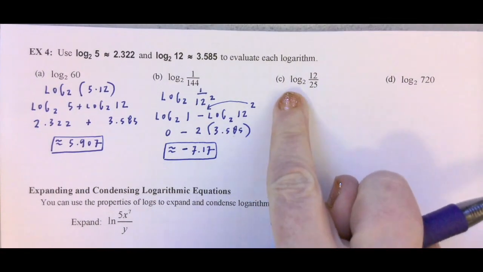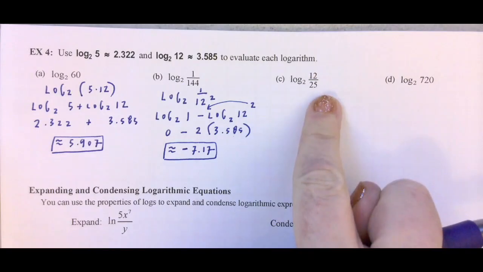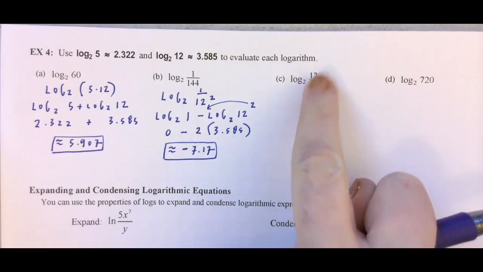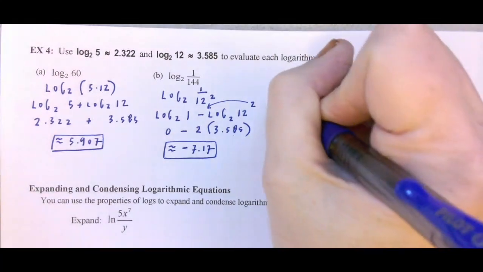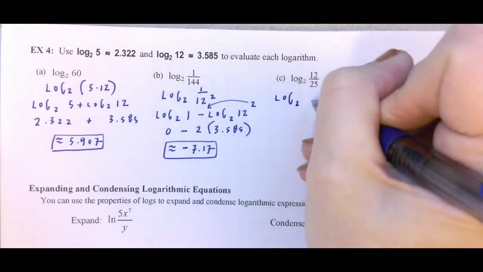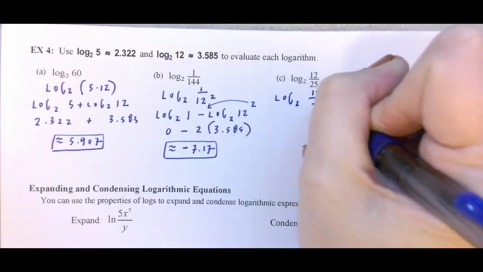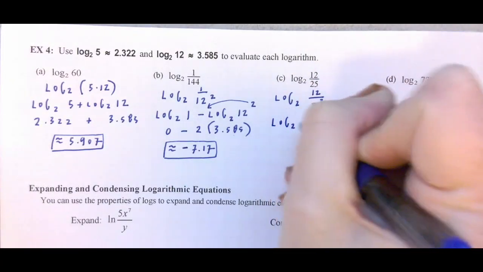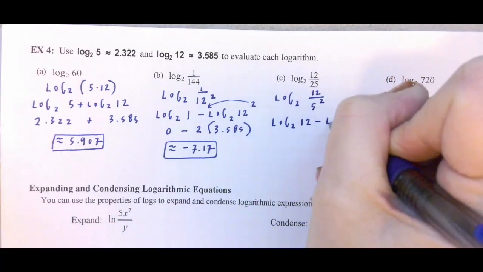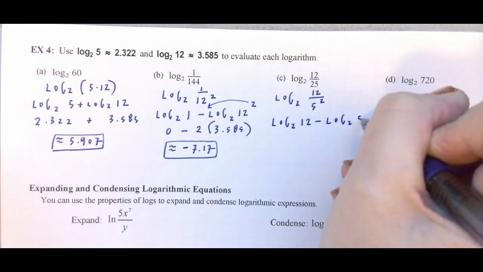Okay, next one here, log base 2 of 12 over 25. So I see the 12, right? That's helpful. And 25 is 5 squared. So first stage, log base 2 of 12 over 5 squared. So log base 2 of 12 minus log base 2 of 5 squared.